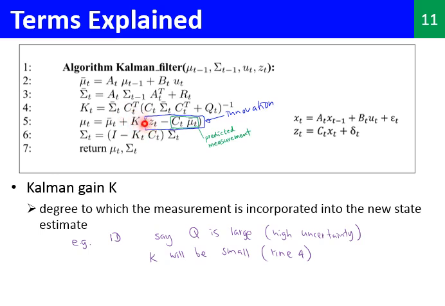Therefore most contribution now comes from the system dynamics. So our mu t will be close to mu t bar. This is just one scenario I explained out of many different scenarios we can face in a real system.